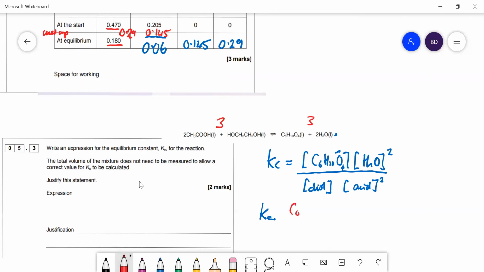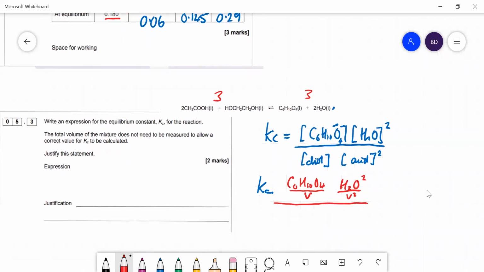That's C6H10O4 over V, where V is the volume, multiplied by H2O over V all squared. Let's simplify that out straight away. That's going to be moles of H2O squared over V squared, and we're going to divide that by the concentration of diol here.